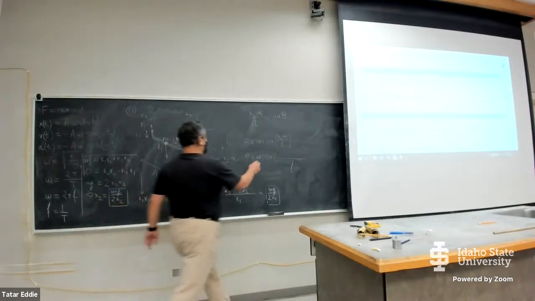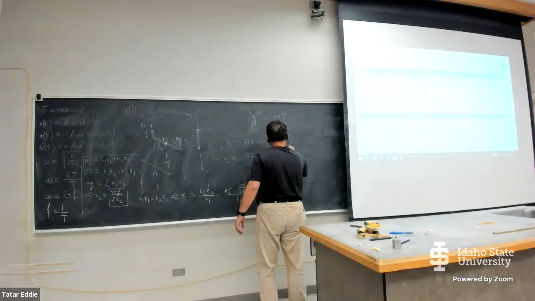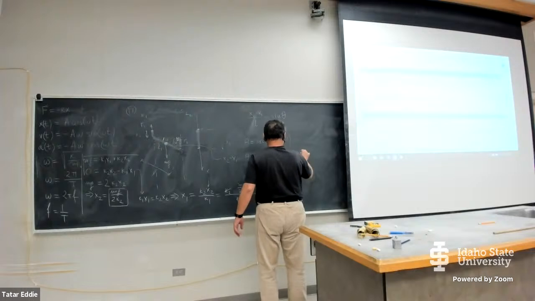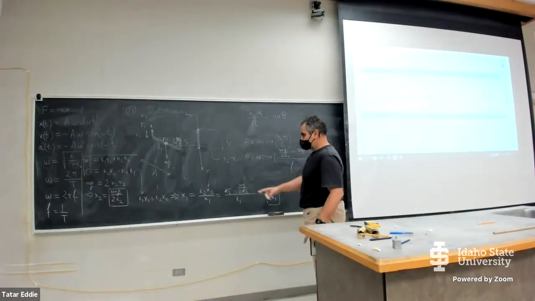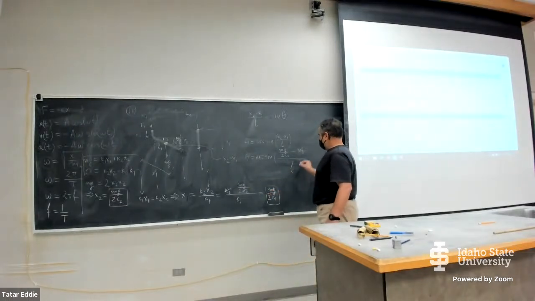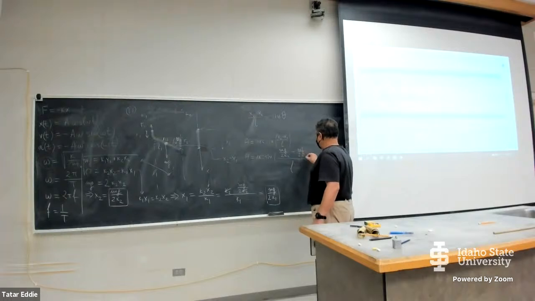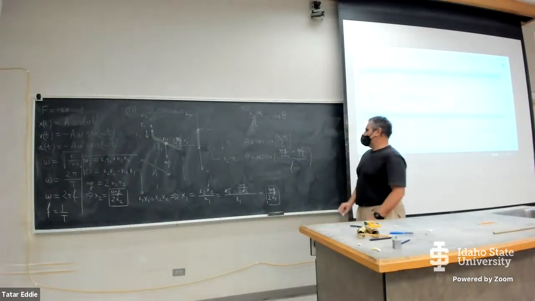So x2 is mg divided by 2 times k2. x1 is mg divided by 2 times k1. Like this.